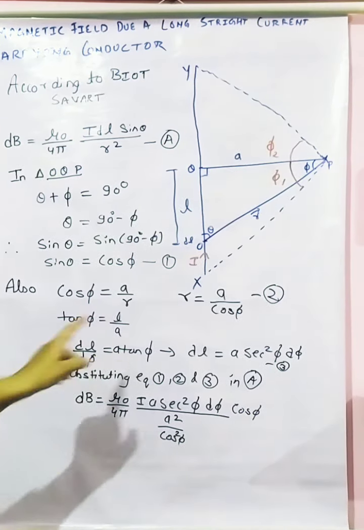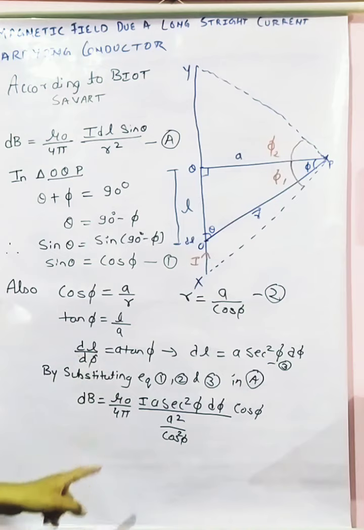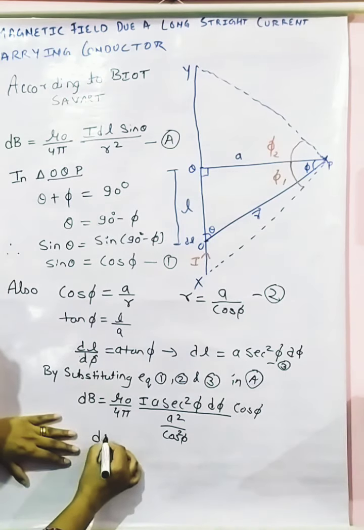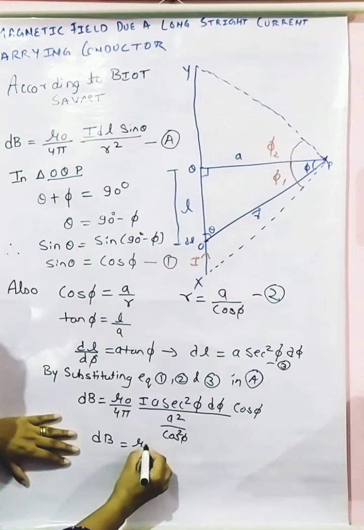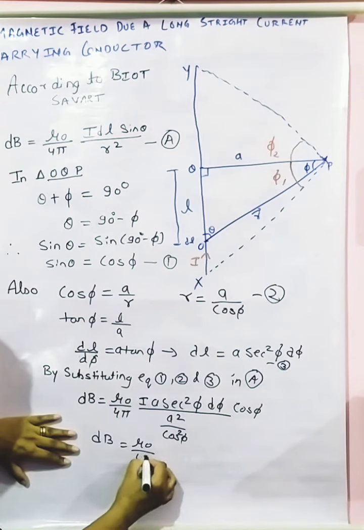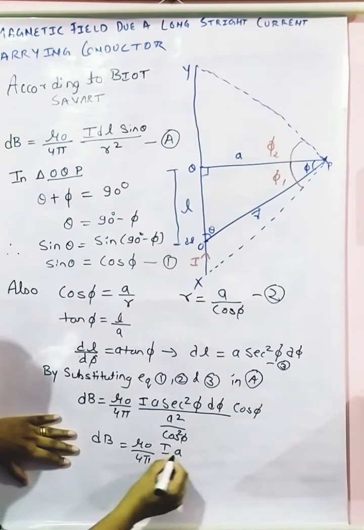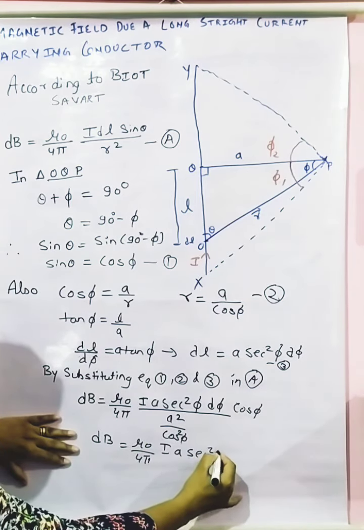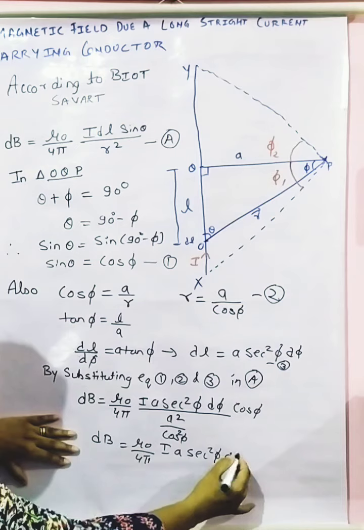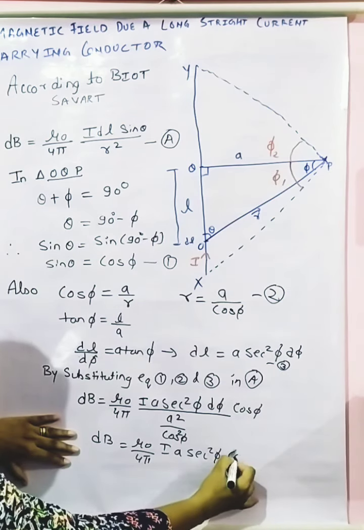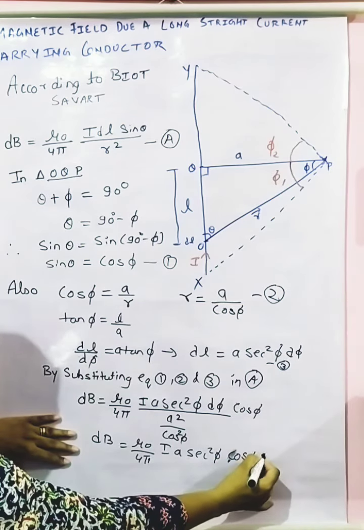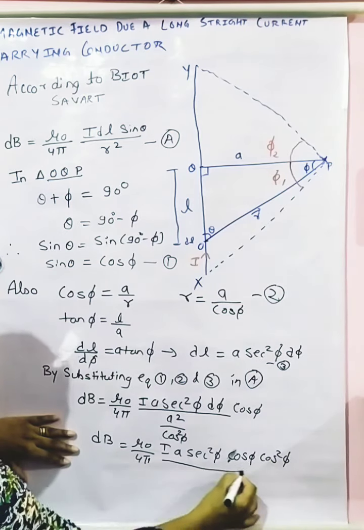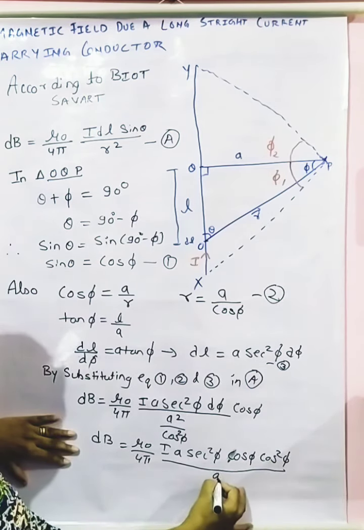If you see carefully, this cos will go up. So I get my expression as dB is equal to mu naught upon 4 pi I A sec square phi d phi, and with sin theta as cos phi, that comes cos square phi, whole upon A square.